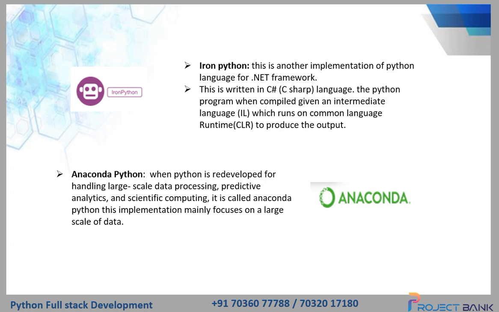The Python program, when compiled, gives an intermediate language which runs on the common language runtime, CLR, to produce the output. All the .NET applications, like C# code, are converted this way. Like how we use the Java virtual machine and Python virtual machine, in .NET they use the CLR, common language runtime, to convert into machine level language and the final output.